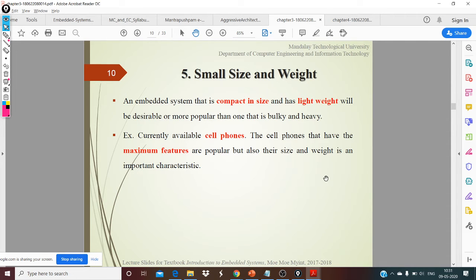Yeah, sir, I asked you a question. You got the question about embedded small size and weight. Correct. Go on. Embedded systems like cell phones can be portable. Portable. Okay.